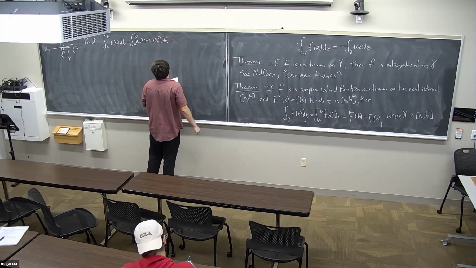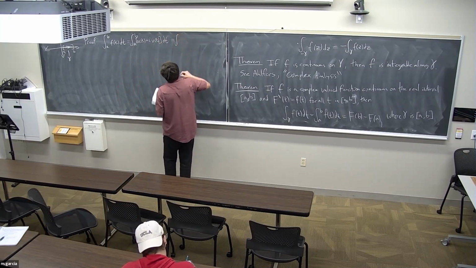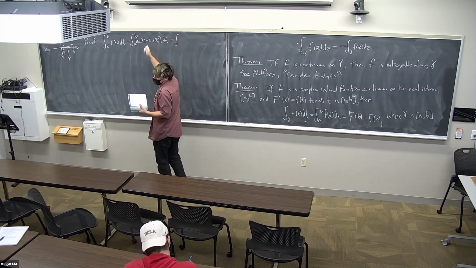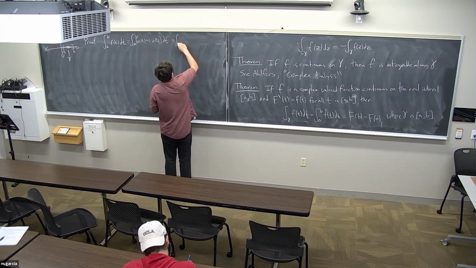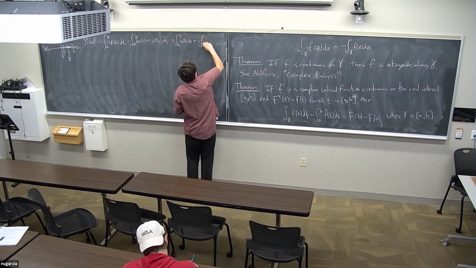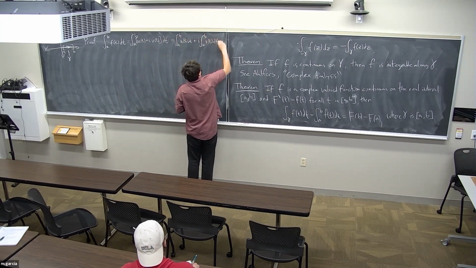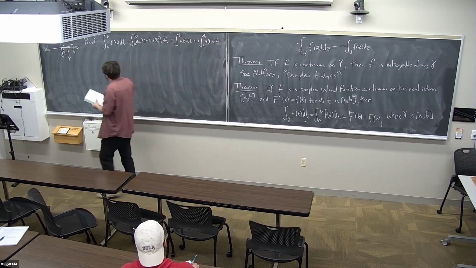By our usual properties of integrals now applied to a complex function, I just get the integral from A to B of u of t dt plus i times the integral from A to B of v of t dt. Okay?